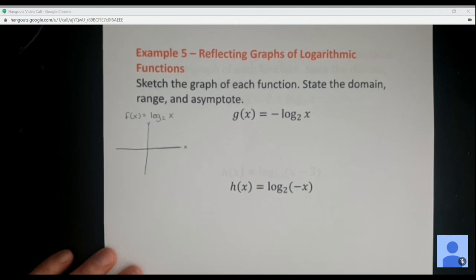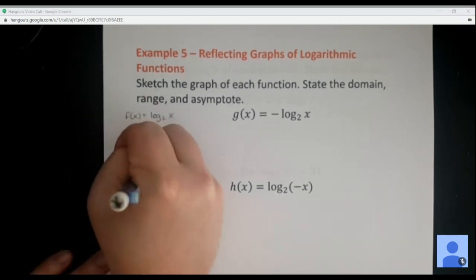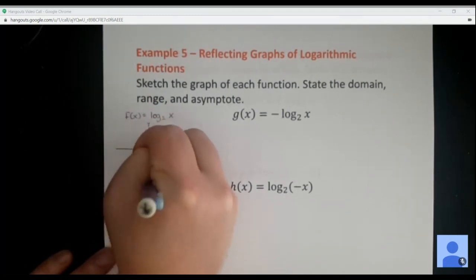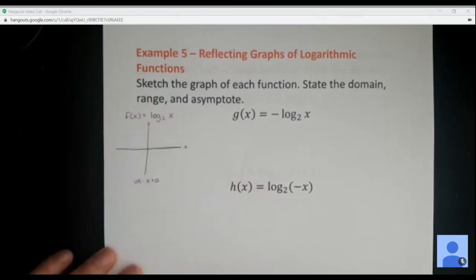Do we have any asymptotes? There's a vertical asymptote at 0, right? So vertical asymptote at x equals 0, so we know that. Do we have any points on our graph that we know for sure? Any intercepts? Let's go with that.